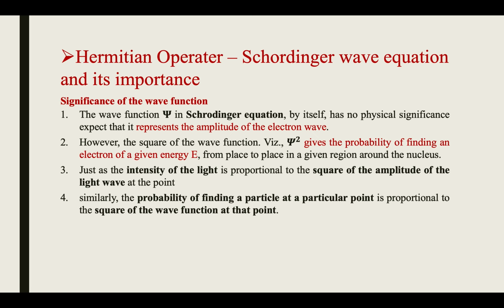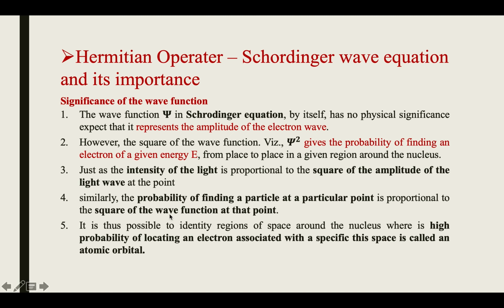The fourth point is that similarly, the probability of finding a particle at a particular point will always be proportional to the square of the wave function at that point. So this wave function is nothing but a way of finding the probability at a particular point. Using any wave function you can tell how much probability there is of finding the particle in a particular place.